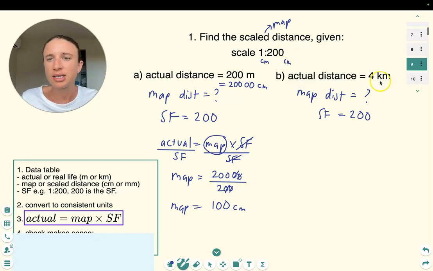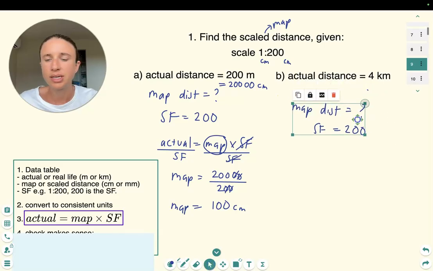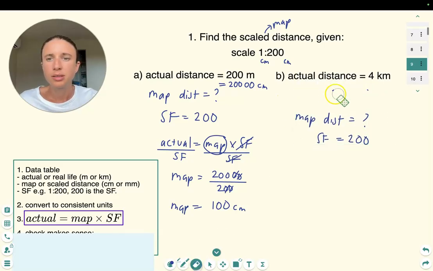So let's actually convert this to centimeters while we're here. So 4 kilometers. To get that to meters, it's going to be 4,000 meters. And then to get that to centimeters, you're going to put a couple more zeros on the end.